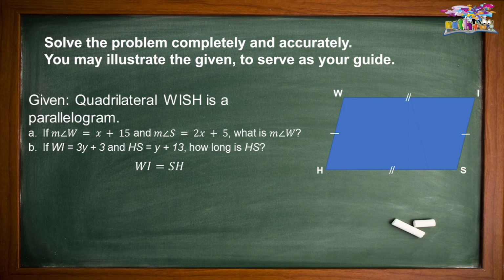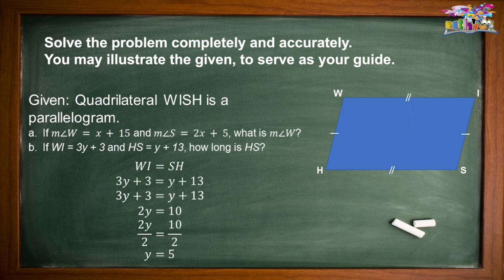Hence, we will have, by substitution, simplifying the resulting equation, y equals 5. Since we are looking for the length of HS, which is equivalent to y plus 13, therefore, HS is 18 units long.